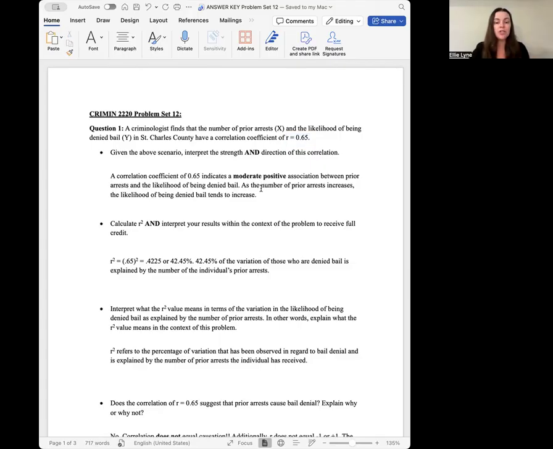So if I were to interpret the strength and direction of this correlation, the first thing that I always like to take a look at is the direction, because it's pretty quick and easy for me to figure that out. All I have to do is look at the sign of the number of R itself. Am I seeing a positive number or a negative number? And when I see R equals positive 0.65, I know that I am dealing with a positive association. So I can check that off here.